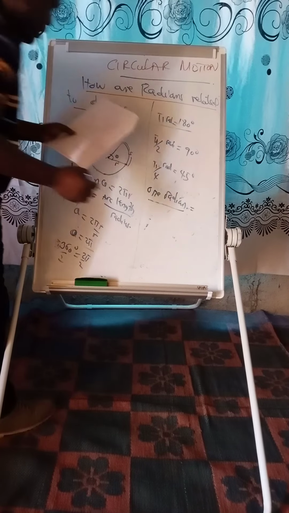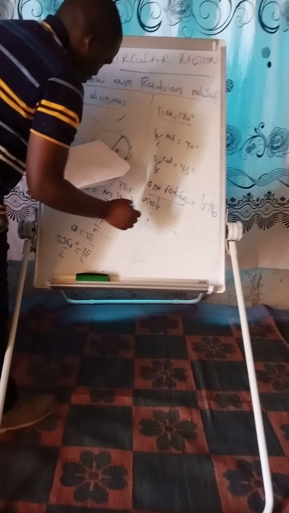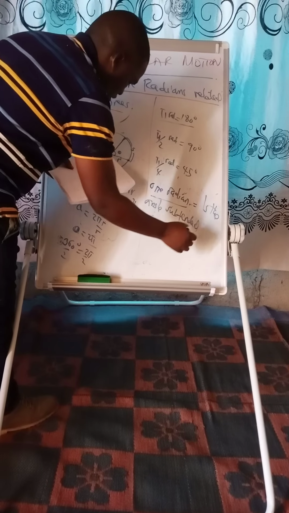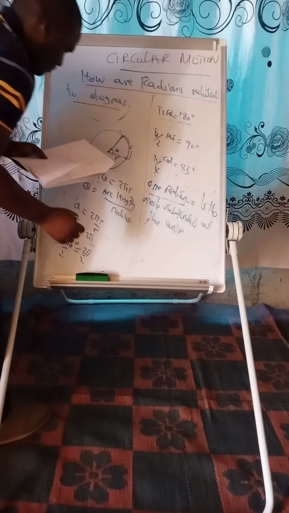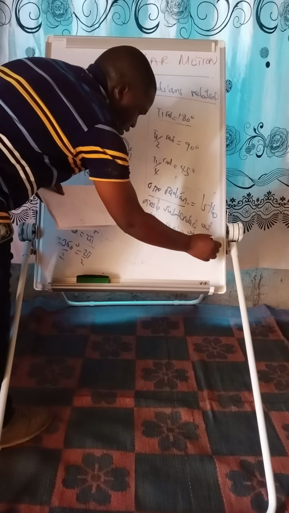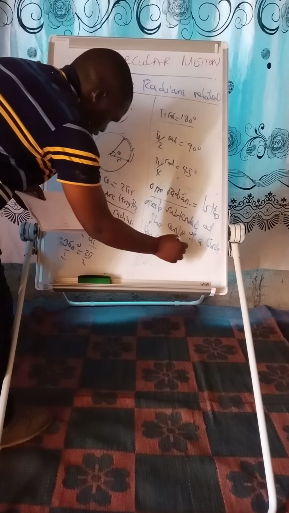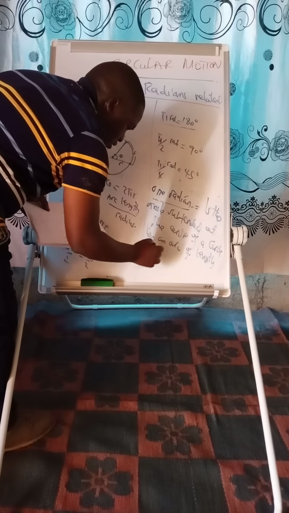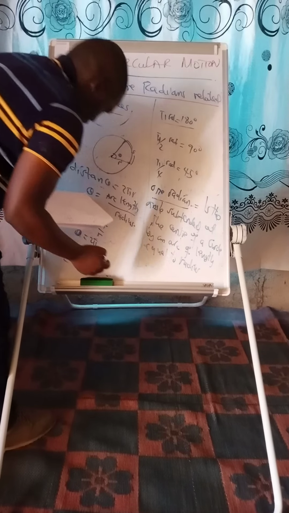So we say 1 radian is the angle subtended at the center of the circle by an arc of length equal to the radius of the circle.